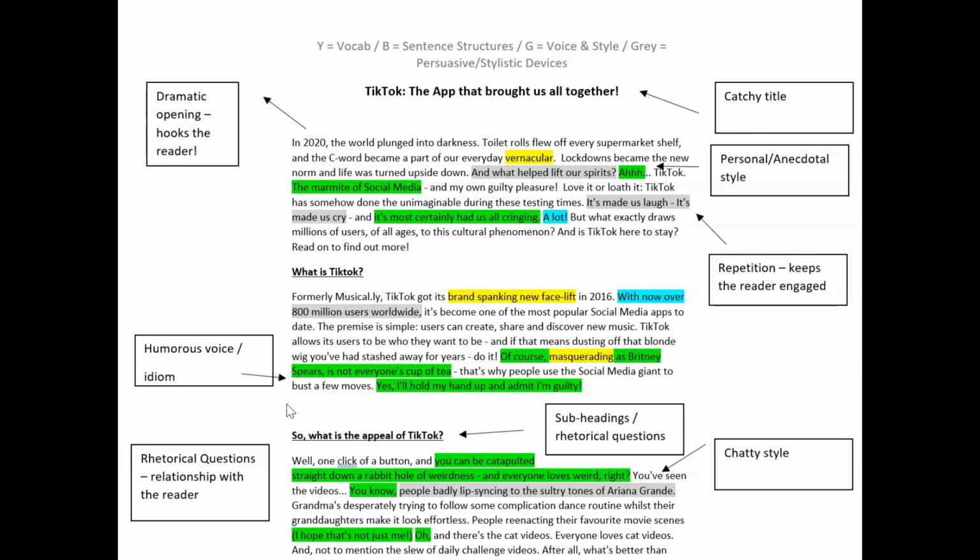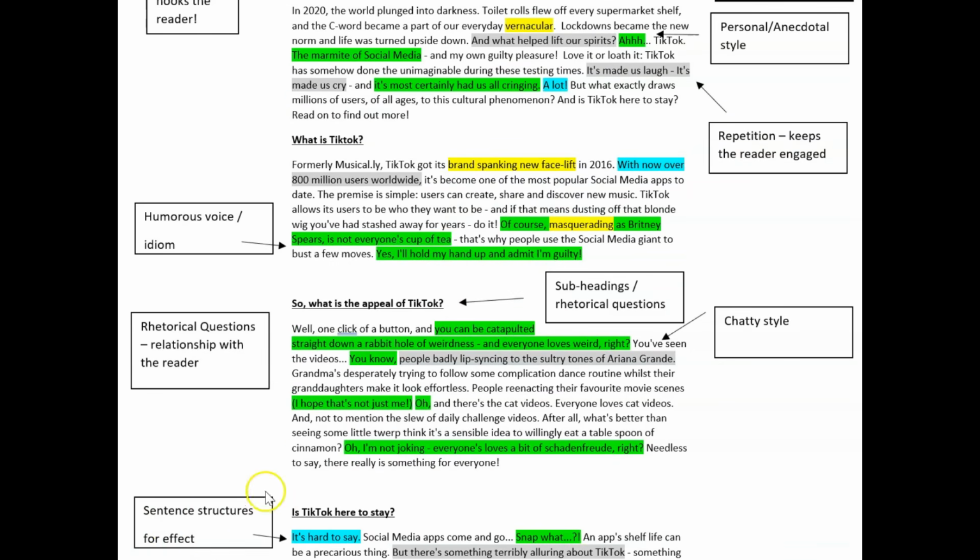Looking at things in blue. Okay, so blue is, these are just some of the effective sentence structures I've used. So of course we've got short sentences, we've got a lot, it's hard to say, with now over 800 million users worldwide, comma, because it is a complex sentence, i.e. the dependent clause is separated from the independent clause.